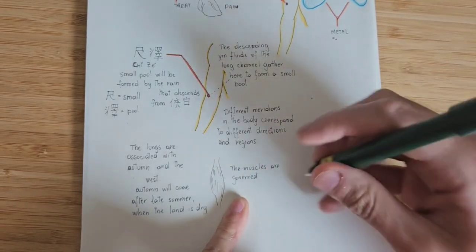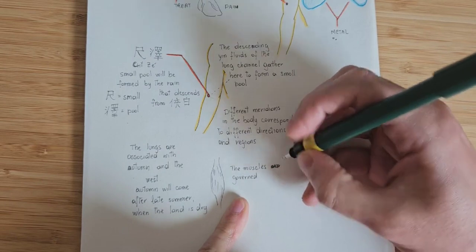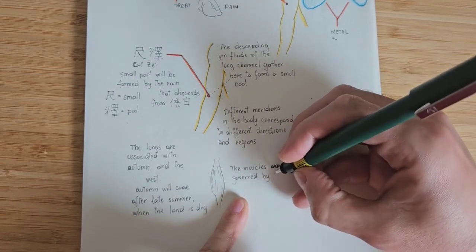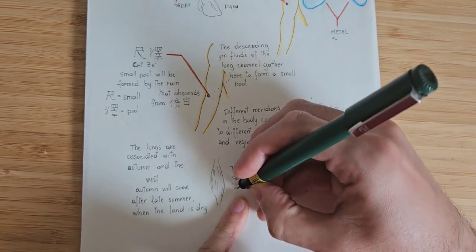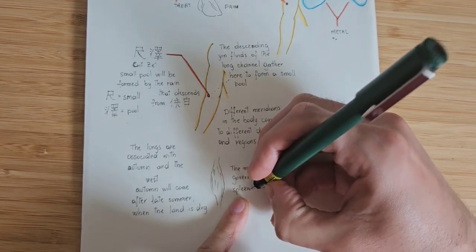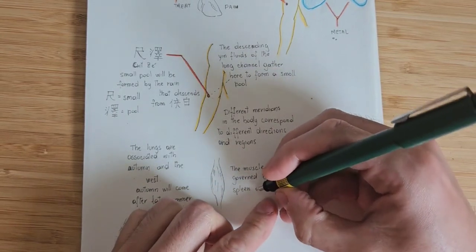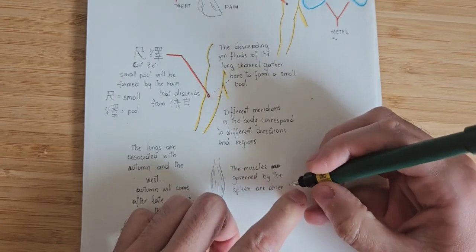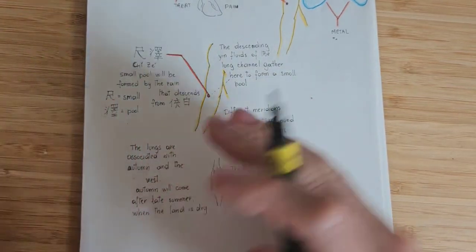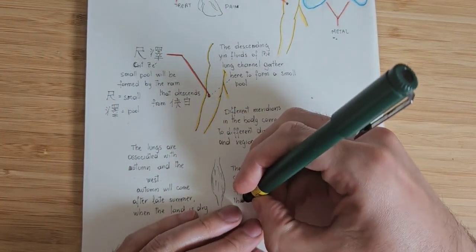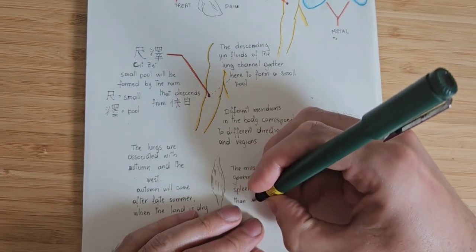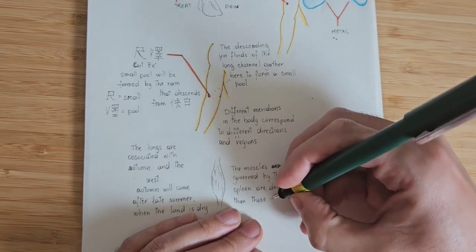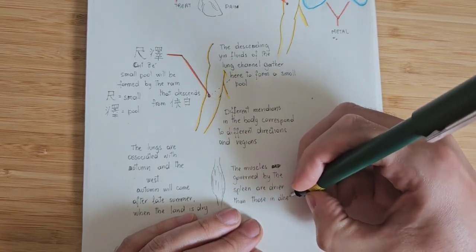Actually, the muscles governed by the spleen are drier than those in other areas.